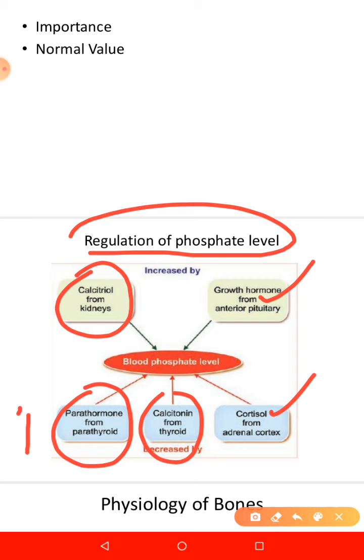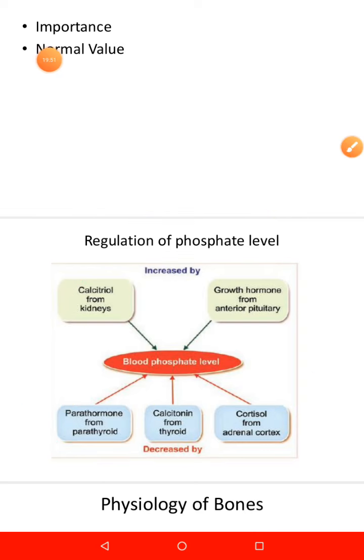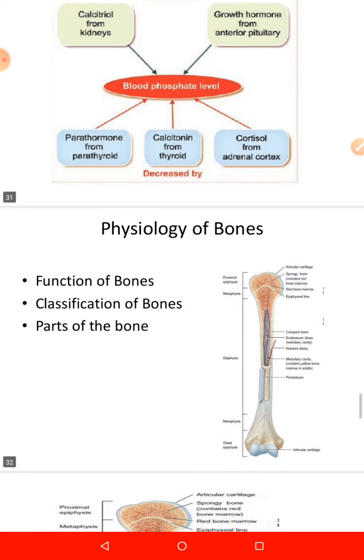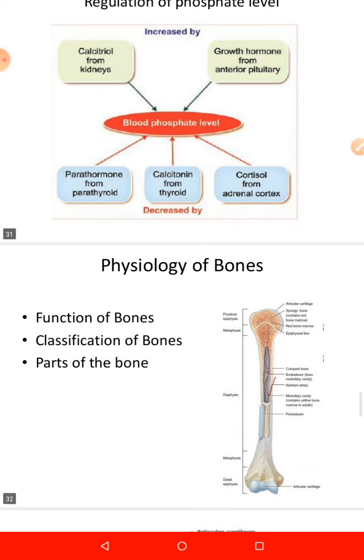So calcitonin decreases the plasma levels of phosphate by inhibiting bone resorption and stimulating urinary excretion. Before we look at the physiology of the bone, try to reflect on what I've just talked about on the regulation of phosphate.